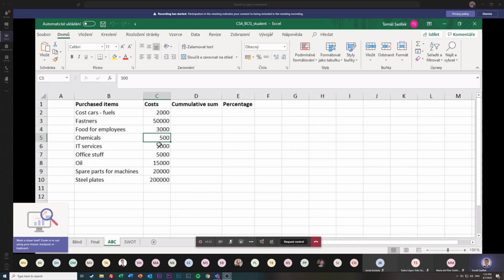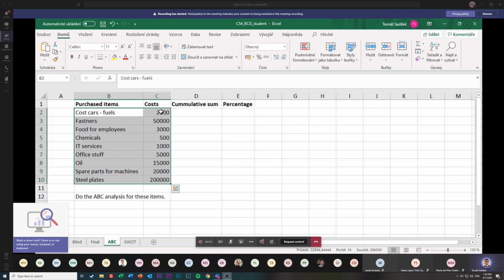How to do this? The first step is to sort these items descending, so we have the highest cost in the first line and the lowest cost in the bottom line. Choose these items, click on Data, Sort. This is in English, this is in Czech.